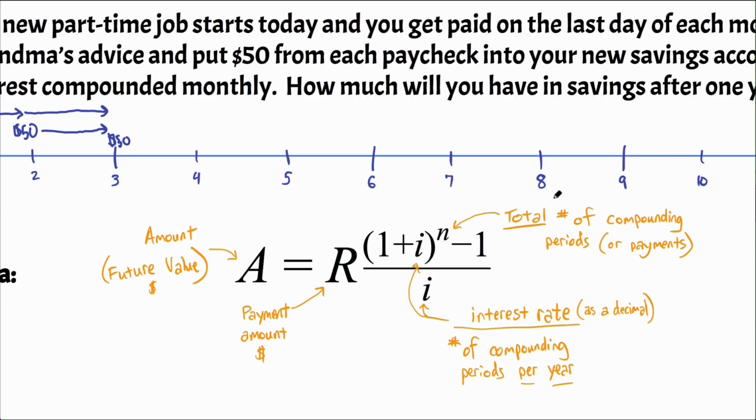It's the total number of compounding periods, not just per year, but over the total amount of time that we're putting money in our account. And I is the interest rate as a decimal divided by the total number of compounding periods per year. So this is kind of our R over N from our old formula, all in an I variable.